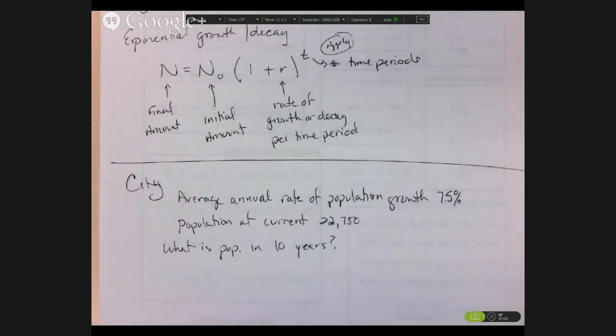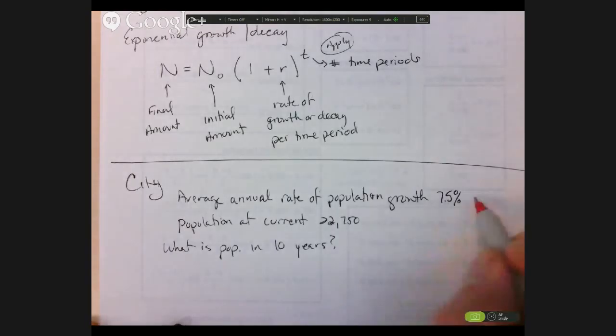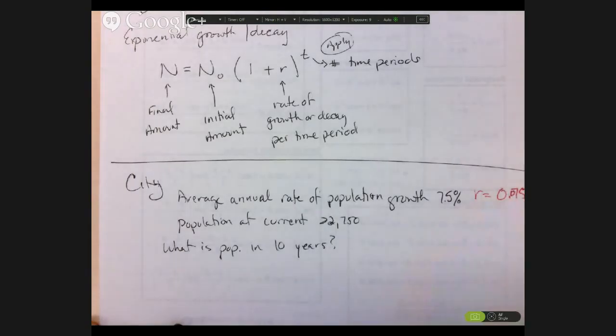Think you can handle this one? What's 7.5%? Yeah. Remember to change it to a decimal. 0.075.